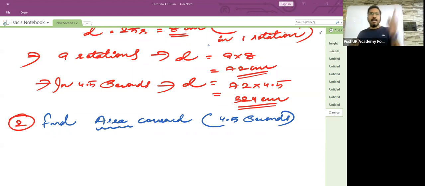In 1 second, 9 rounds. Total time taken to cover the distance is 4.5 seconds. Everything is the same. Just that you have to find the area covered, not the distance traveled. Caitlin, I don't think so. Okay, yes, ready?